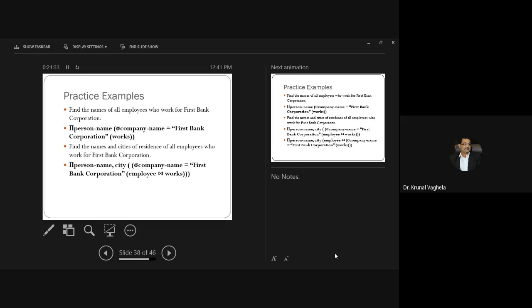Then filter, where what type of record? Names and cities of all employees who work for First Bank Corporation. So company name is equal to First Bank Corporation. And what I want, only person name and city. Employee and company?